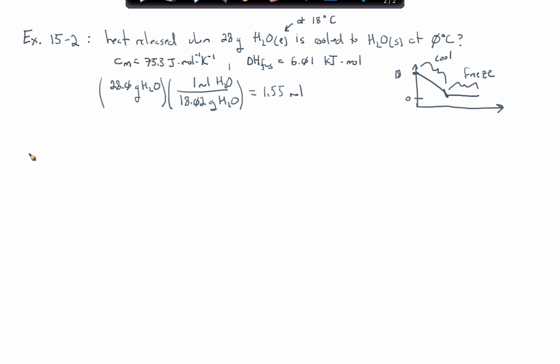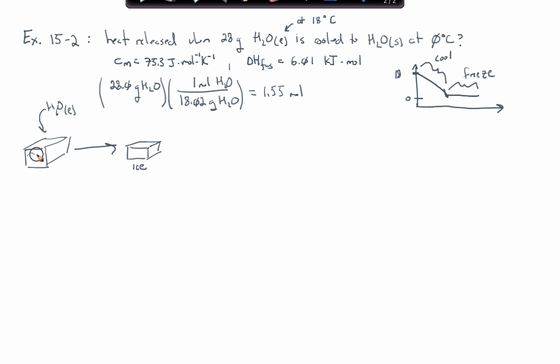Now remember, we're starting with a bit of water. So there's some water here, H2O liquid, and then we are cooling that to form a block of ice.